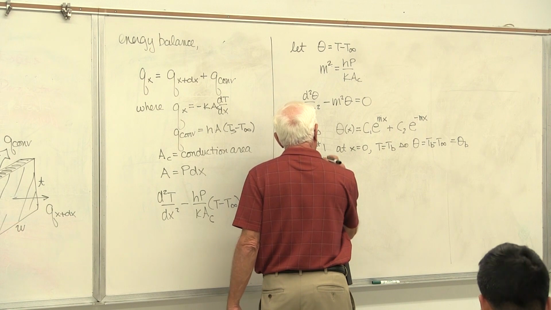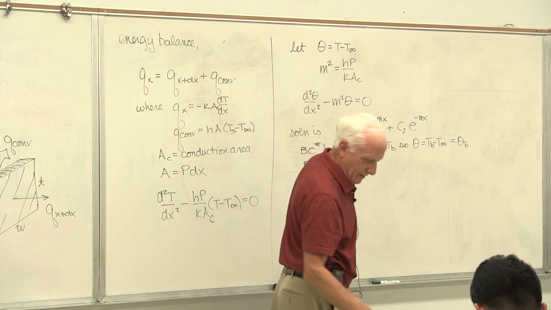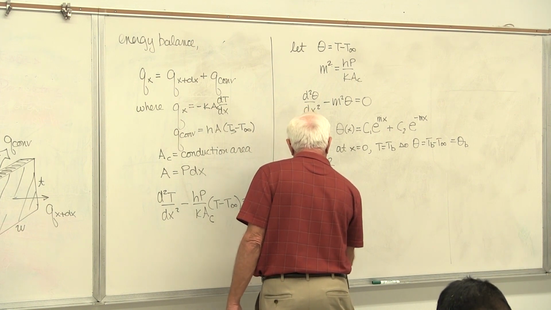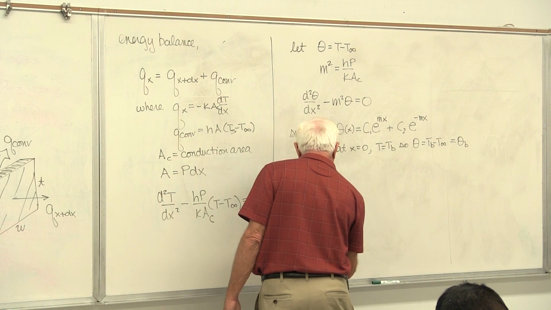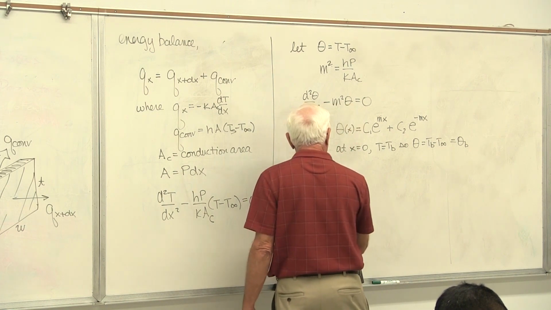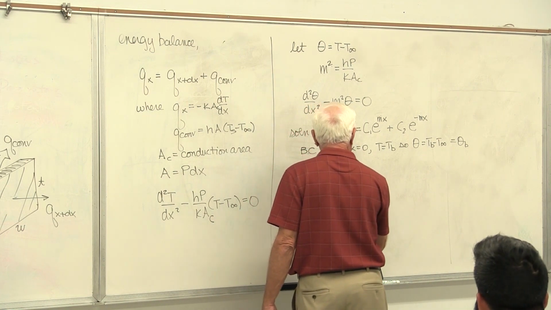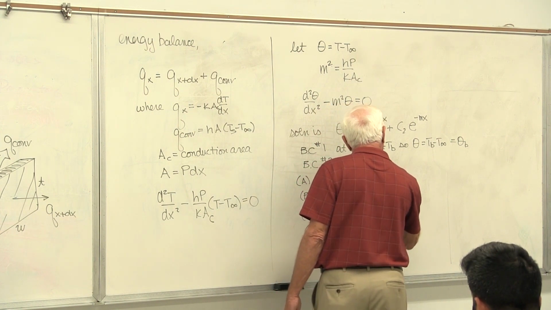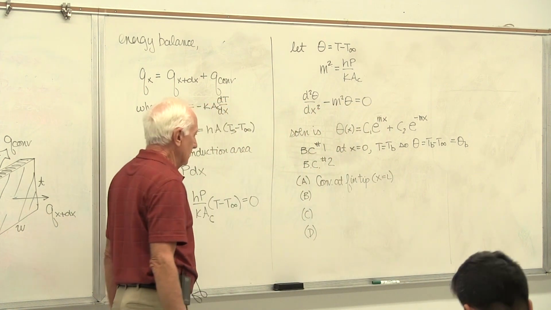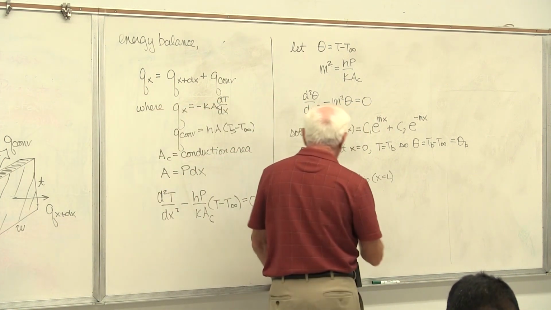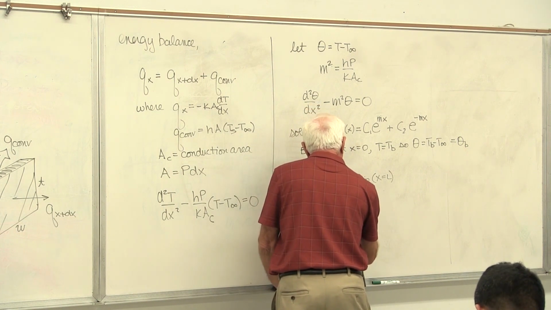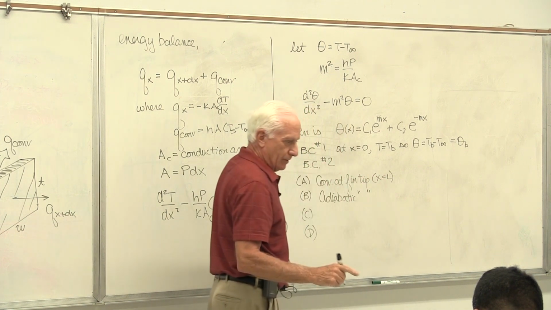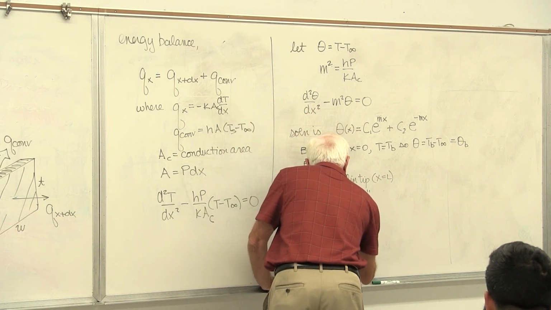BC number 2. We have 4 options, A, B, C, and D. There's more than that, but that's all we're going to consider. First one, convection at the fin tip. Don't forget the fin tip is the location x equals L. Second one, adiabatic fin tip. Third one, a given temperature at the fin tip.